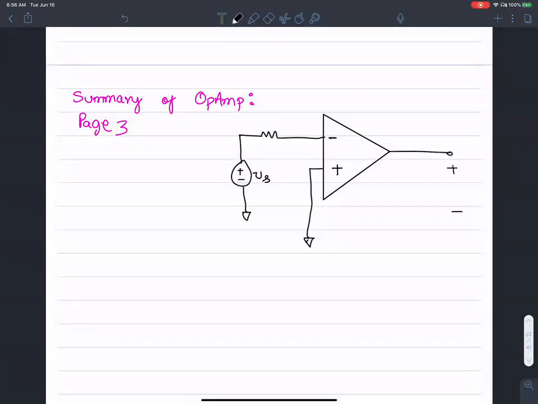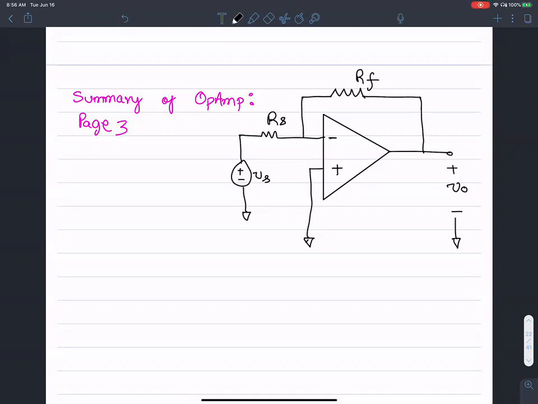The V output is measured across here. That's V output. And don't forget the feedback, negative feedback. This value is the feedback resistance RF. This is the source resistance RS.